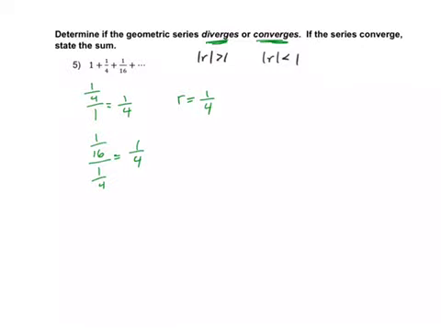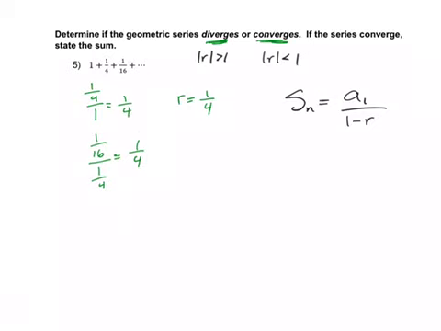So because my R is 1 over 4, that means that this converges to a number, and this is an infinite series. So I'm going to use my infinite series equation: S equals a sub 1 divided by 1 minus R. That's only when it converges to a number. So it's an infinite series.